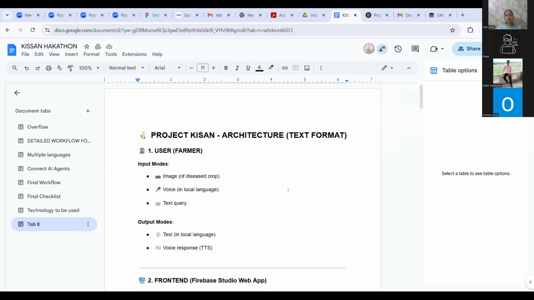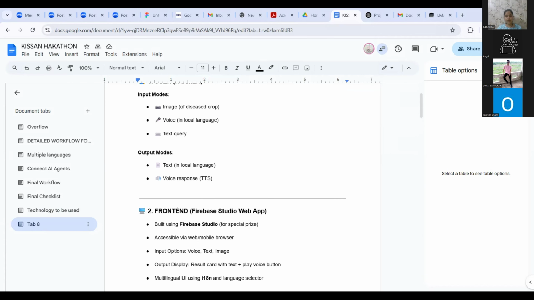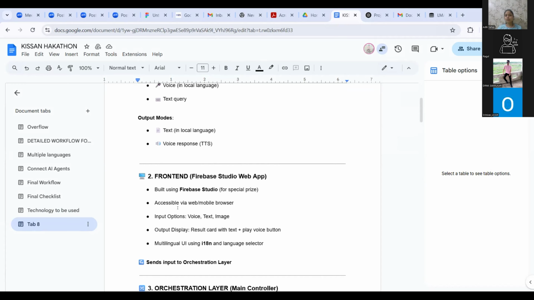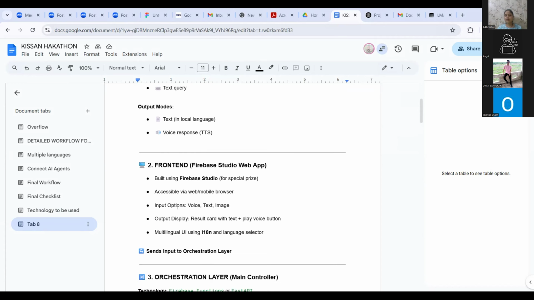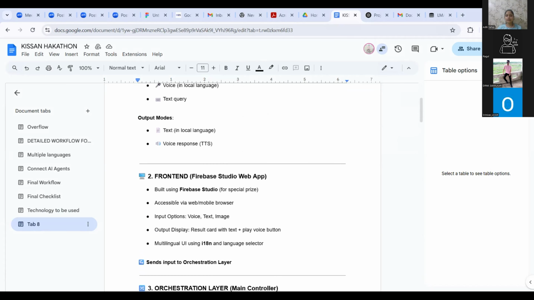So first one would be the user. User would be the farmer. Again, the same: image, voice, and text query they can make. Then moving on to the front end part, where output modes would be text and voice.